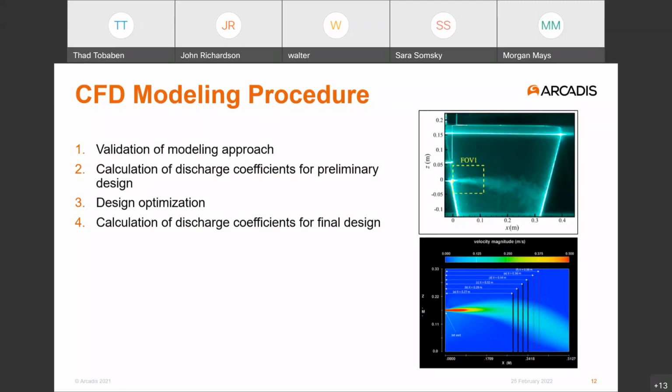The figures on this slide don't exactly look like a lock gate, and they shouldn't. They're from the validation test case that was chosen. Speaking to the photograph on the top, what we did was to simulate a laboratory experiment where a jet was issued from a wall into a quiescent body of water.